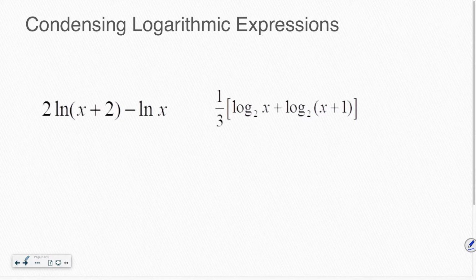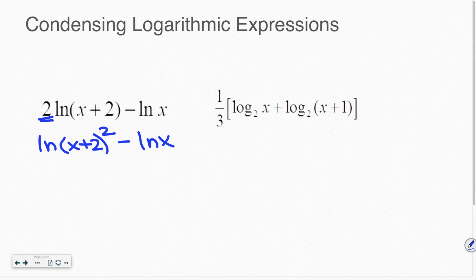Okay. So with this first one, this 2 out in front, well, I guess I should also say, we're going backwards now. We're condensing. When I ask you to condense, that means write it as one logarithm. So now we're going to piece it together almost backwards from what we did in the previous slide. The first thing I would do is move that 2 to be a power.